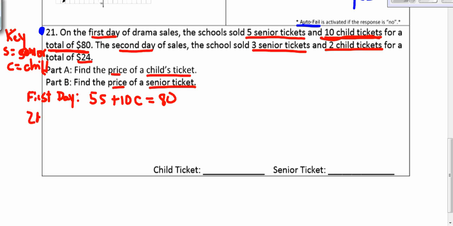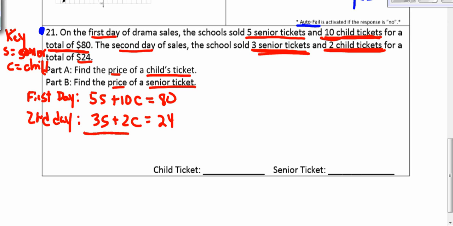Now, second day. We have 3 senior tickets and 2 child tickets equals 24. We still have to get one of these to cancel, and I am going to go for the C's.